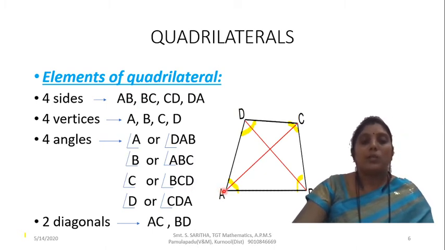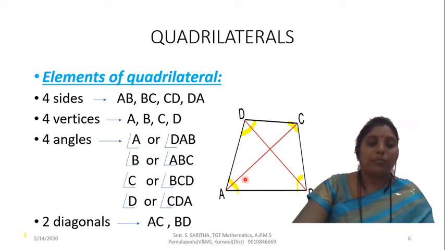The 4 points, point A, point B, point C, point D, are called the 4 vertices of a quadrilateral. Here 4 angles are formed. This is angle A or angle DAB. This is angle B or angle CBA. This is angle C or angle DCB, and this is angle D or angle CDA.